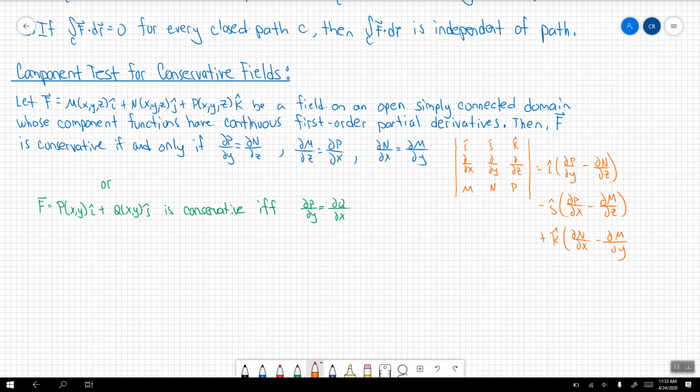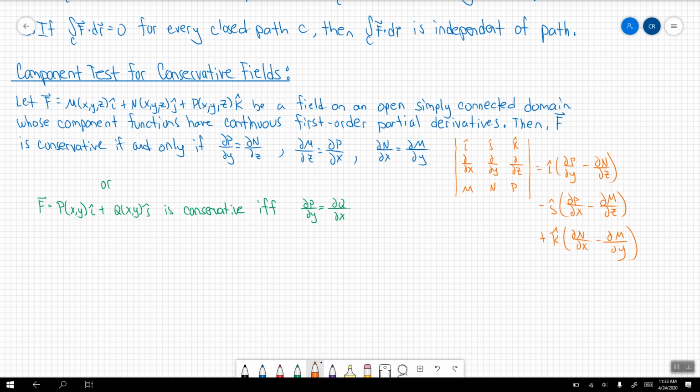Now, what I want you to notice here, what would happen if we set each individual component to 0? So if we take this component, set it equal to 0, this component, set it equal to 0, this component, set it equal to 0.